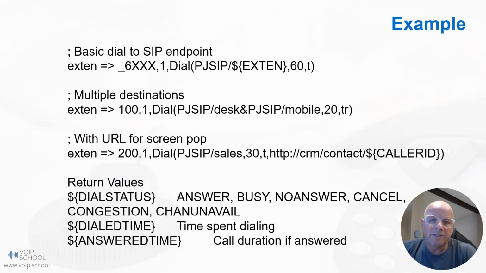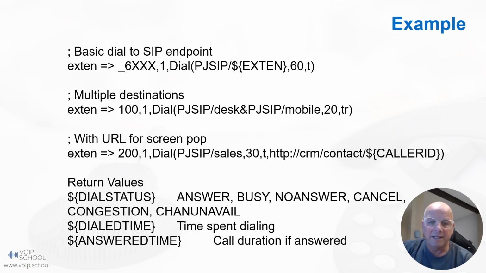Dial the SIP endpoint. So we are dialing 6000, or any pattern, comma 1, comma Dial PJSIP extension 60, with a timeout and T. We are allowing transfer from the source. Multiple destinations: we can use PJSIP desk and PJSIP mobile.